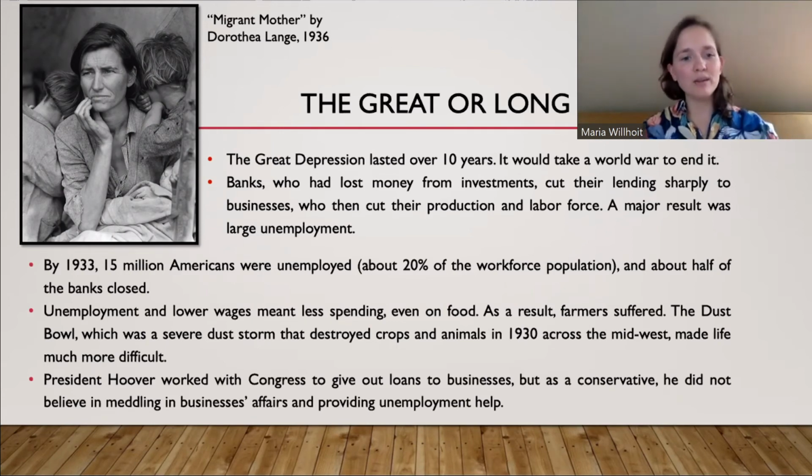And what made it really difficult for farmers is we had a dust bowl in 1930. This was a severe dust storm that destroyed crops and animals all across the Midwest, which is basically the middle of America. It destroyed our agriculture basically, and it just made life more difficult.